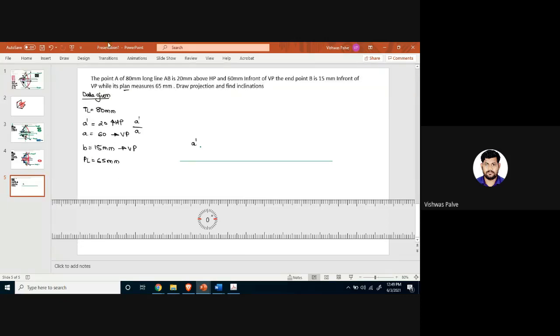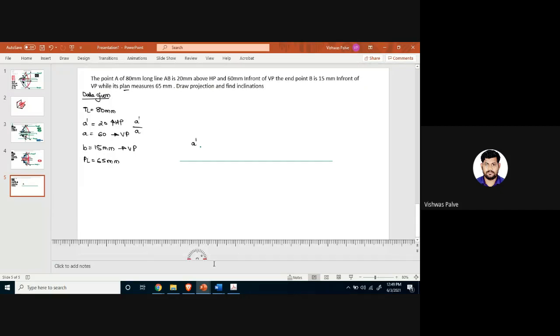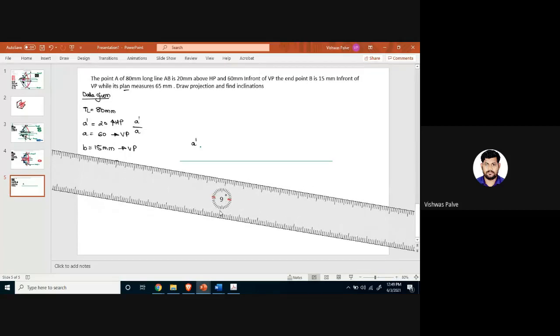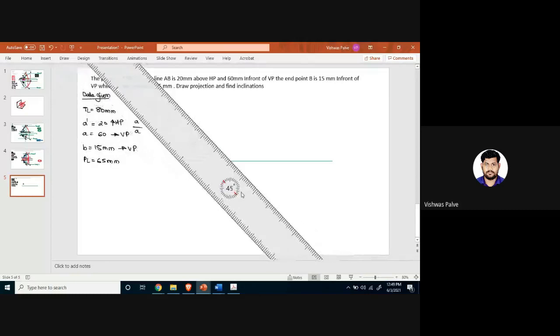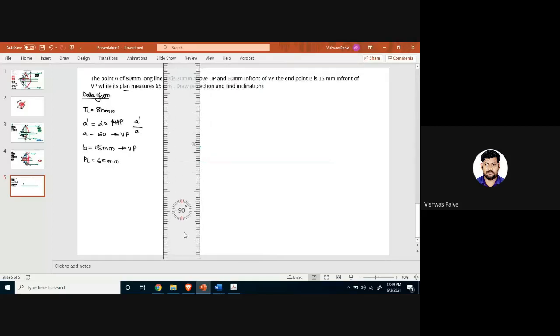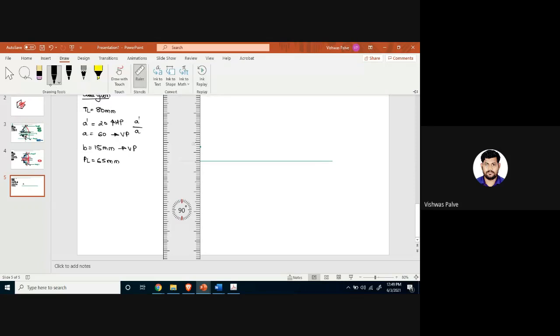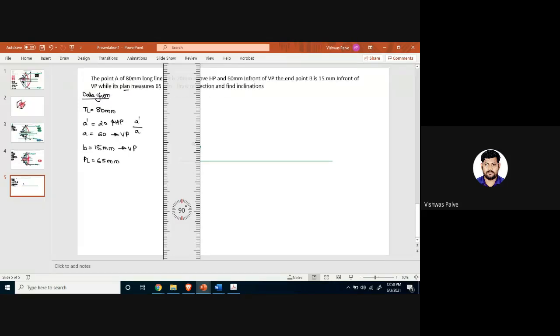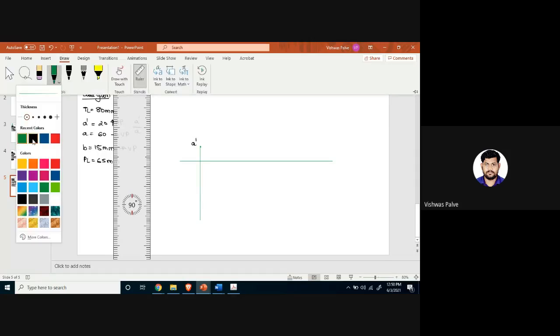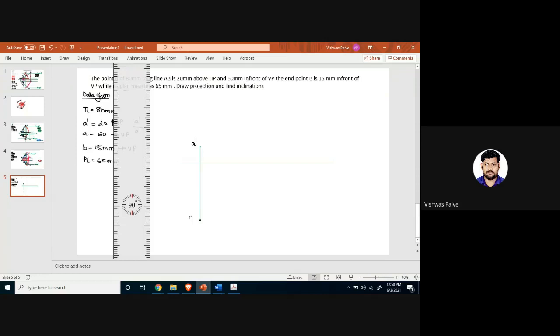And point A is 60 mm in front, so somewhere here you will get that point. So this is my next point, point A. I have drawn point A and A dash.